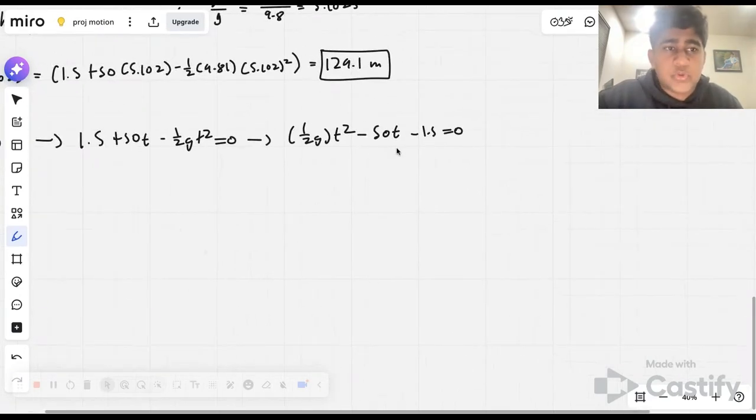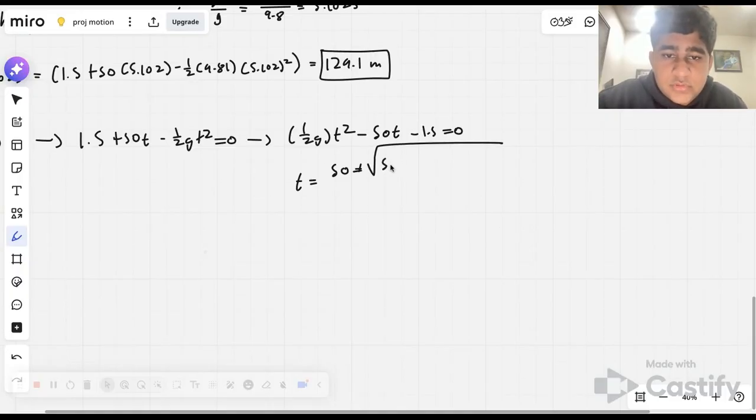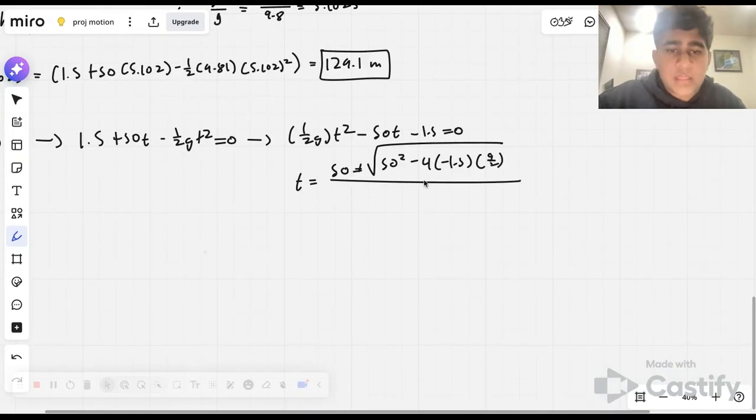We can solve for t using the quadratic formula, which is going to be t equals 50 plus or minus the square root of 50 squared minus 4 times negative 1.5 times g over 2, all over g.